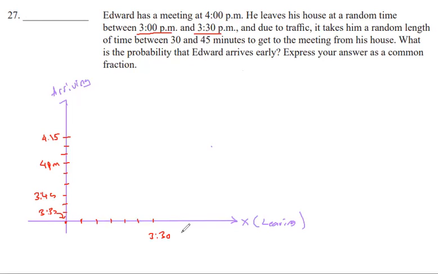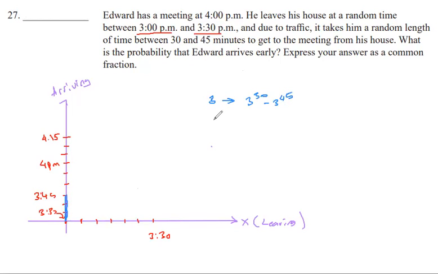So now we can write some equation for this case. But for now, I'm just going to dive in with the basics and plug in numbers. If he leaves at 3, right? He's going to be there between 3:30 and 3:45. So this is 3:30, and 3:45 is right here. So this is the interval that he will be there in between these two, right?